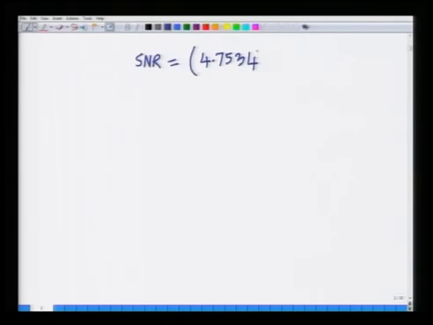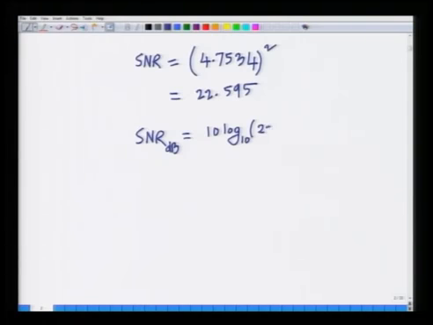Hence, the SNR is the square of 4.7534, which is 22.595, and the SNR in dB is nothing but 10 log 10 of 22.595, and this value is 13.6 dB.